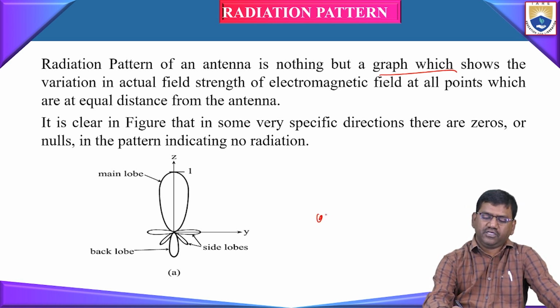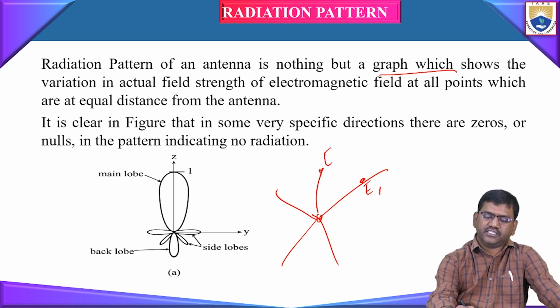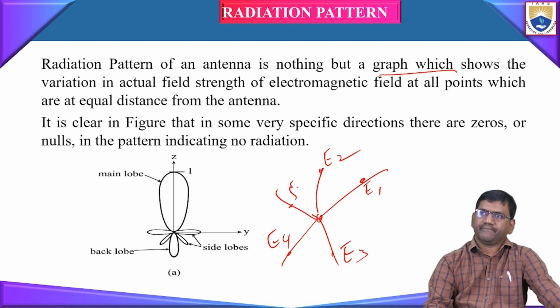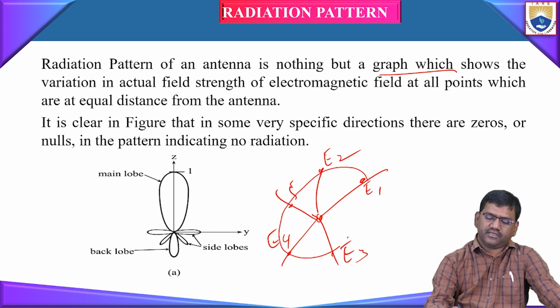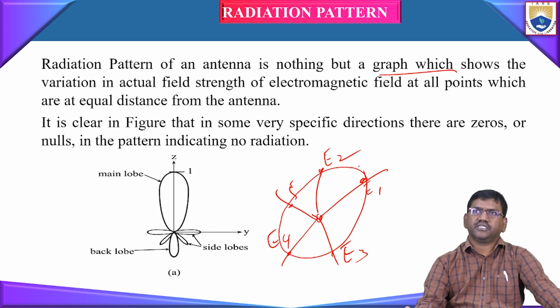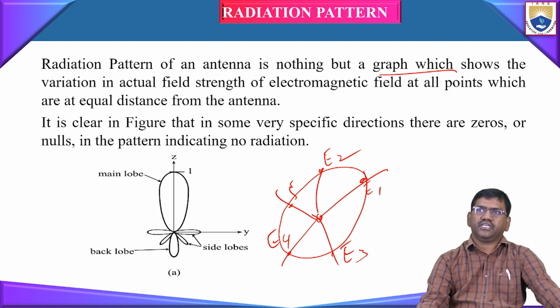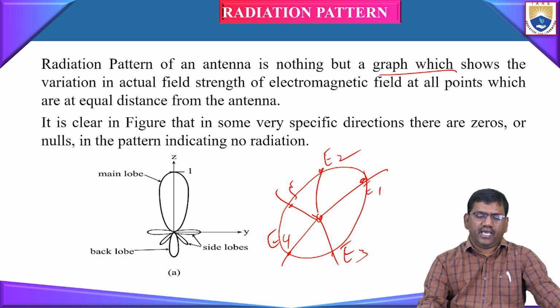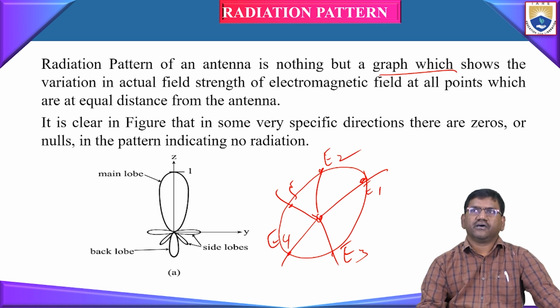It generates radiation in different directions, so let us measure the field strength: E1 here, E2 in this direction, E3, E4, and E5. Let us join all these points. This represents the radiation pattern. When we join all the points surrounding the antenna at equal distance, the graph obtained is called the radiation pattern.